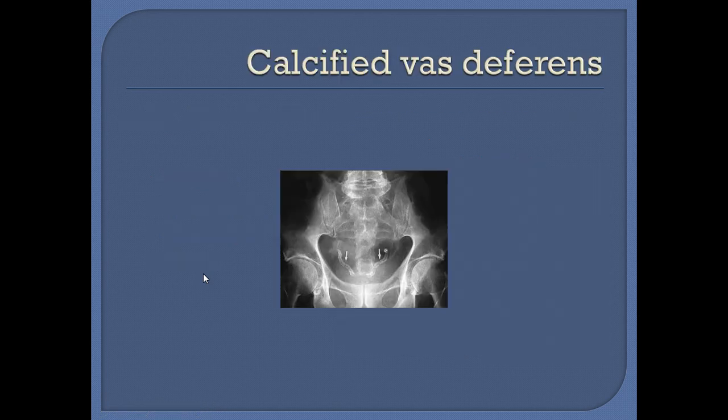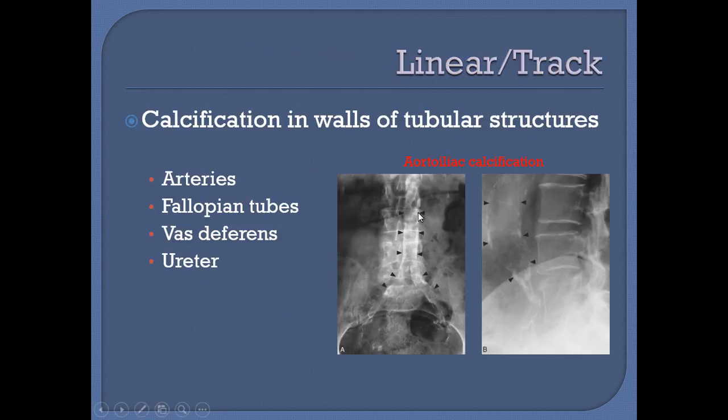In the previous image I showed you the calcification of the aorta. This is the lateral view. You can see the vertebra, and in front there is the vessel, the aorta. You can see the peripheral calcification.